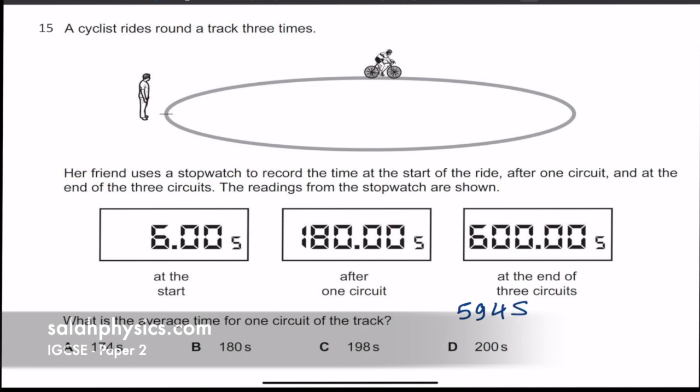This is the total time, then divided by the total number of circuits, equal to 3. If you go through this calculation using your calculator, you will reach that answer, which is around 198 seconds for each circuit, right? So I'm going to write that down here. It's C. That was question 15.